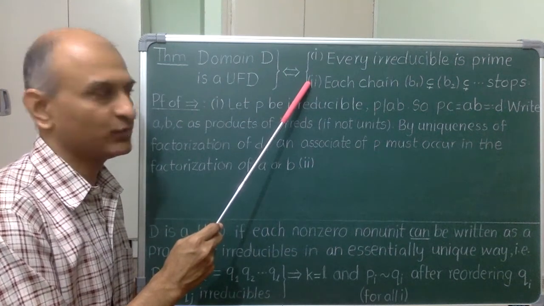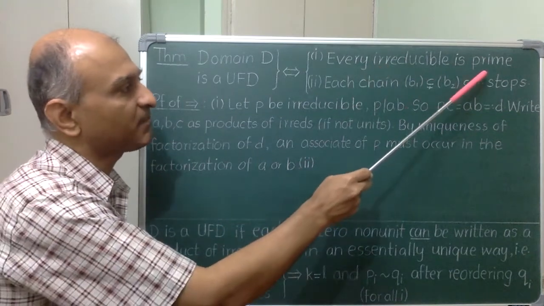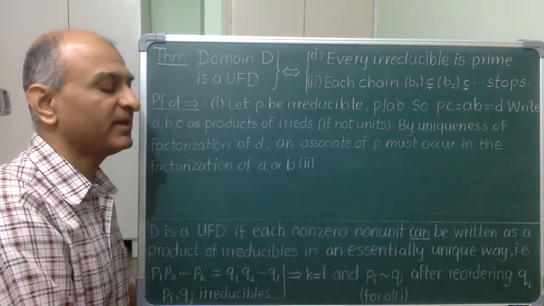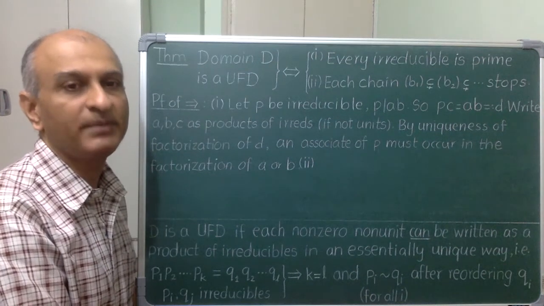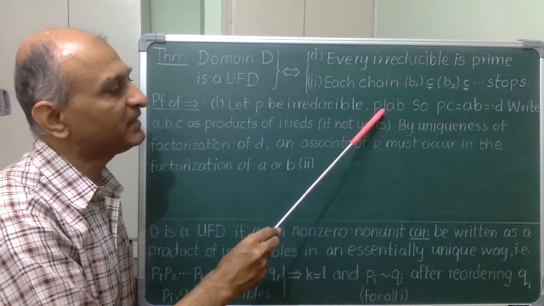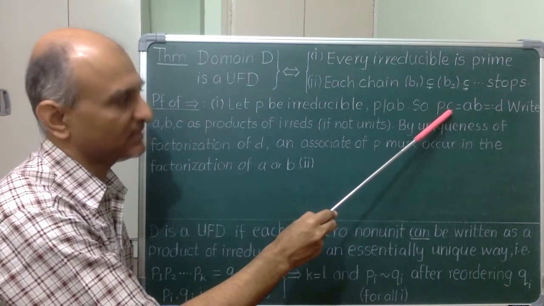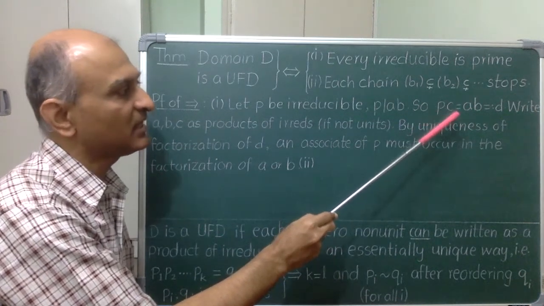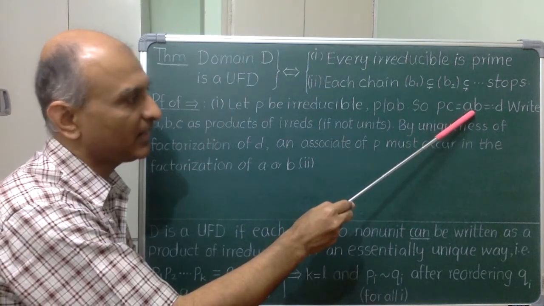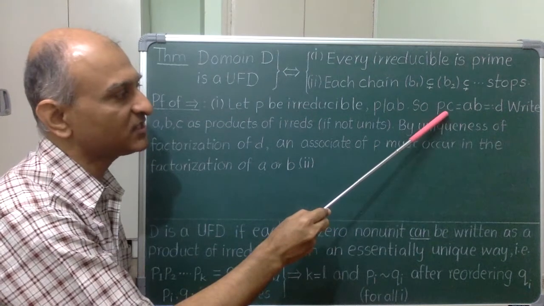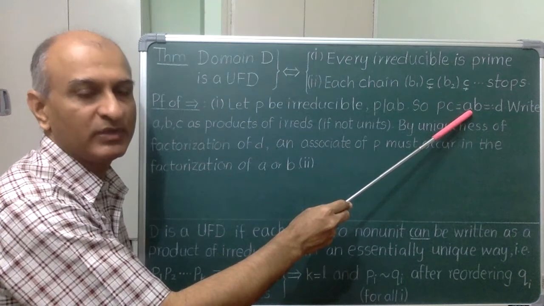I assume that I have a UFD, and first I will show that every irreducible element is prime. So let's start with such an element P. I need to show that if P divides AB, then P divides A or P divides B. Because P divides AB, I can write AB in the form P times some element C. Now, by hypothesis, I can write down factorizations of C, A and B, and I get factorizations of the left hand side and the right hand side, which must be the same up to associates by uniqueness.